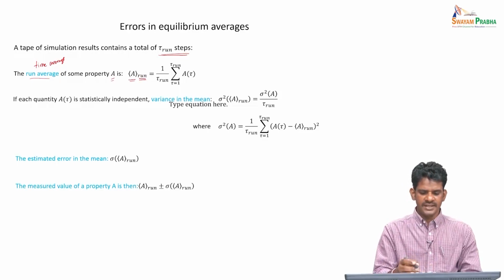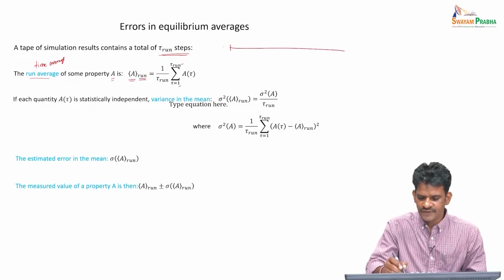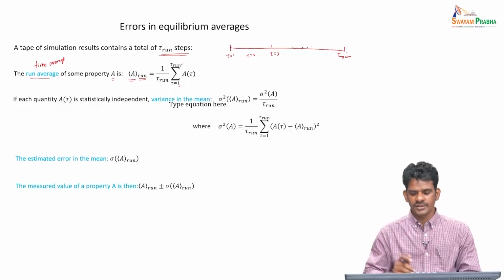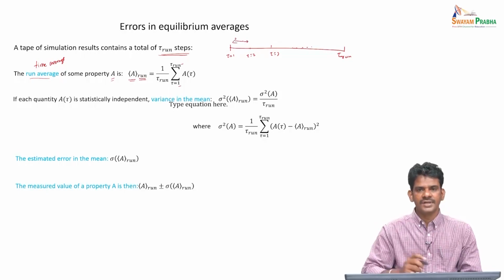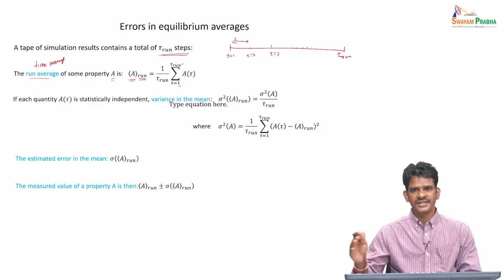The way you would do that is, you go to each of those simulation data from first to some tau run steps. So it's basically like this. After equilibration, you write the data at point 1 and point 2 and point 3, etc. You have some tau run number of data points that you have stored, and the time interval is something that you would have defined already based on your frequency at which you want to write these data points.